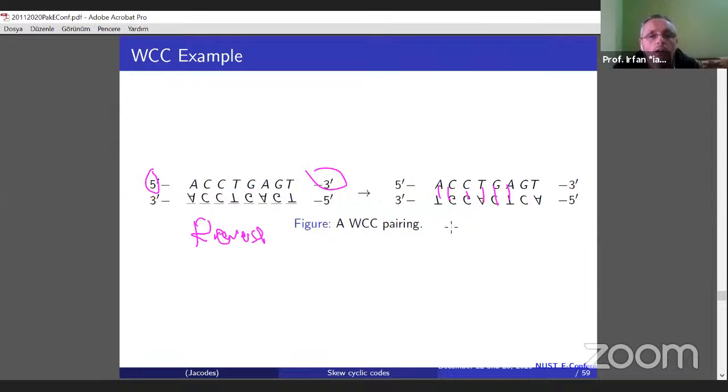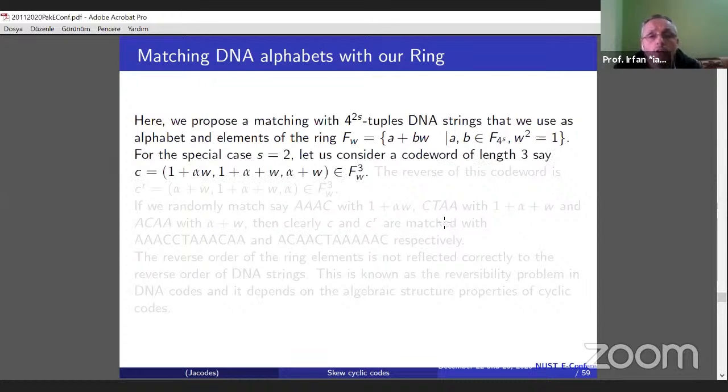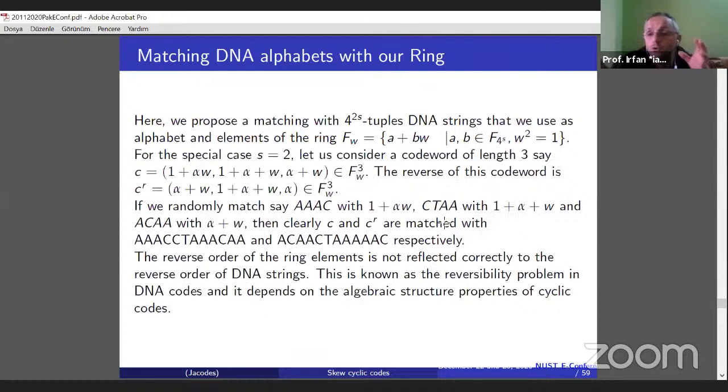Now, what are we going to do? We want to have codes so that they resemble DNA. We don't have much information, to tell the truth. We just have the Watson-Crick complement property and the reverse complement property.